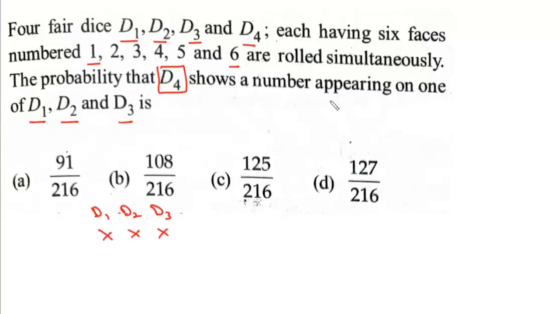Now D4 must show a number appearing on one of D1, D2 and D3. Now in this case, D4 must also have x. So that means all the 4 dice will show the same number. Now this probability will be given by 6 upon 6 into 6 into 6 into 6. So there will be 1 upon 216.